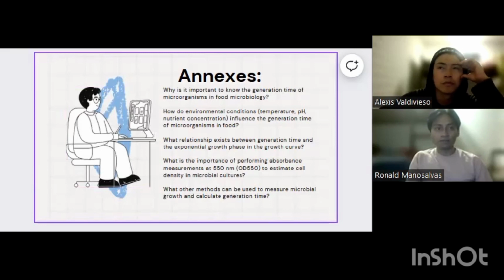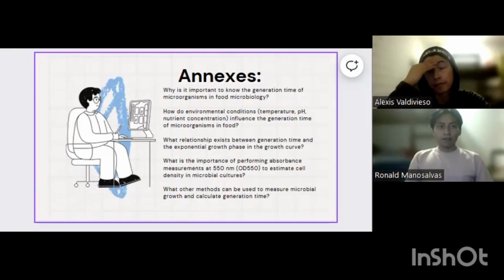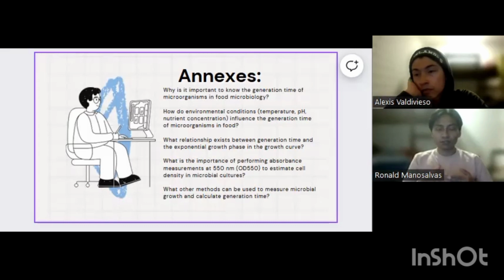in food? Okay, these problems affect the medium because, for example, if some bacteria stay in different conditions, they develop different forms.